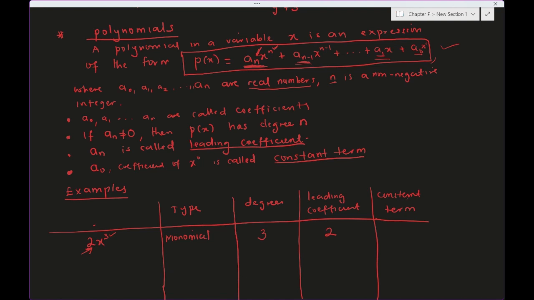And the constant term, remember, the a0, is the coefficient of x to power 0. You can write this polynomial as 0x to power 2 plus 0x to power 1 plus 0x to power 0. So the coefficient of x to power 0 is 0, which means the constant term is simply 0.